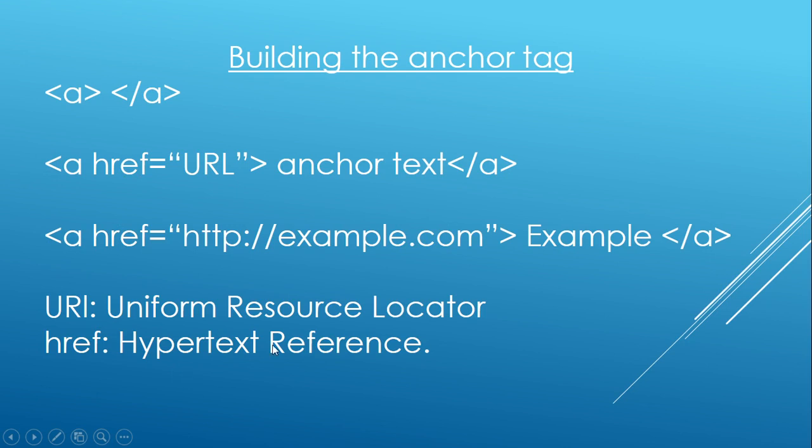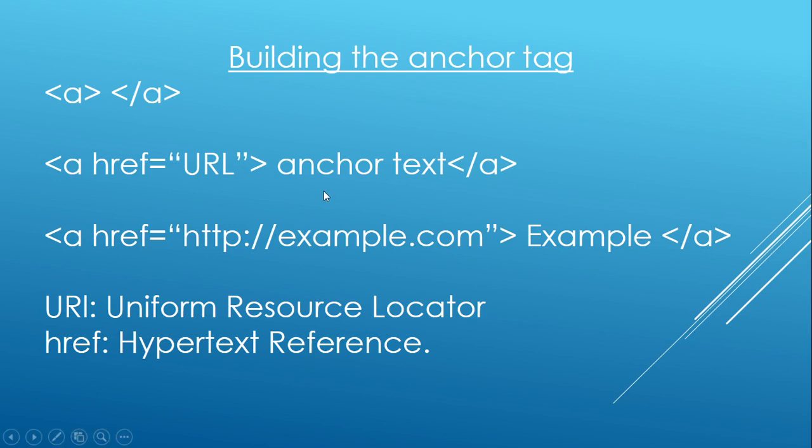Href stands for hypertext reference. Inside the attribute we should include the URL, the uniform resource locator, like the address. It means when someone clicks on our hyperlink, it should take them to another address, and that address is what we call the URL of the destination page that we want our web page to take our user to.